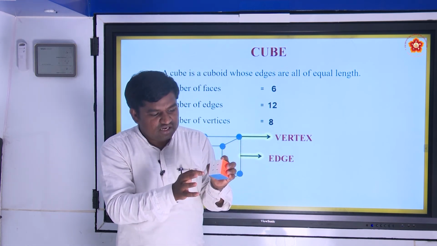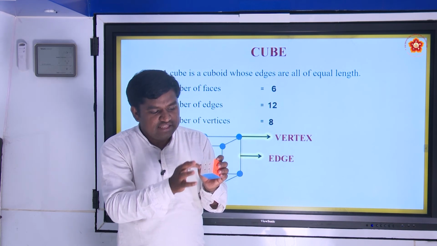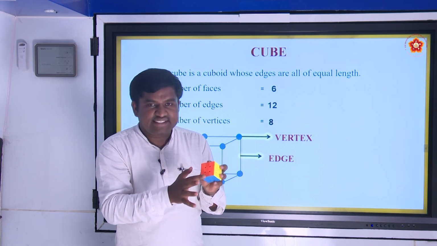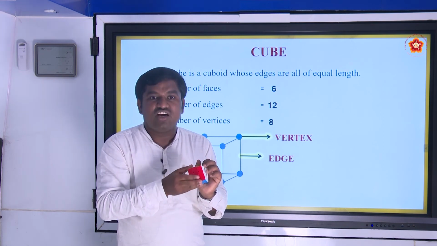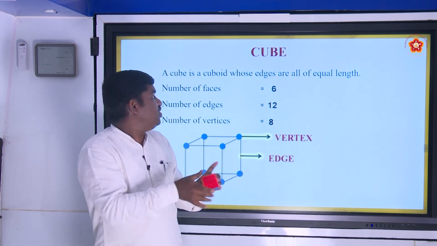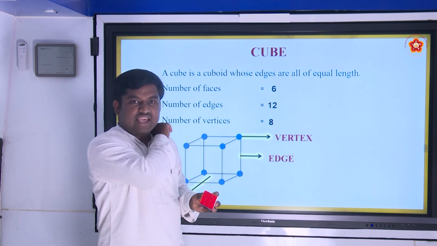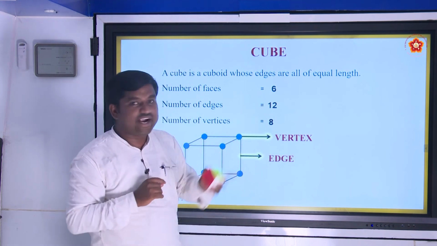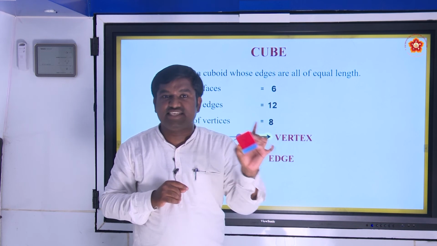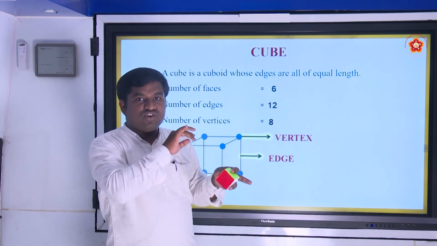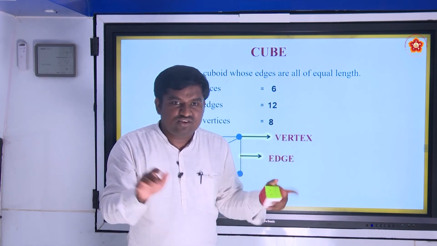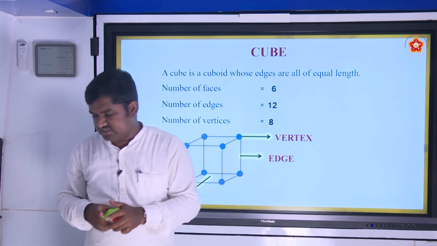So if you count 1, 2, 3, 4, 5, 6, 7, 8, 9, 10, 11 and 12, only 12 edges are there. Okay, in both cuboid and cube, only 12 edges. You should not do 6 into 4, 24, that's not right. You should count.